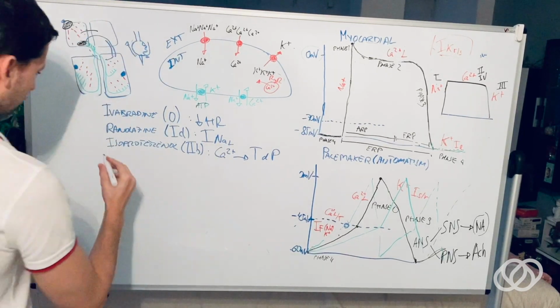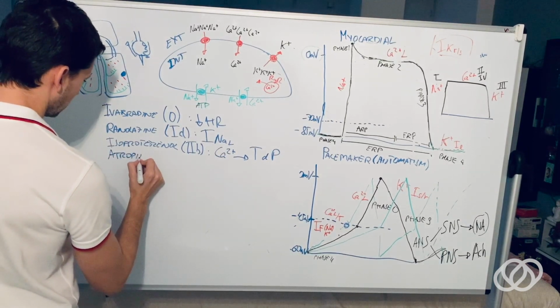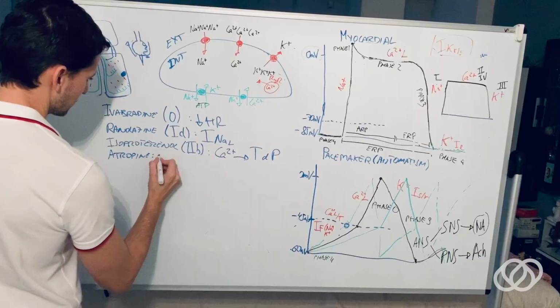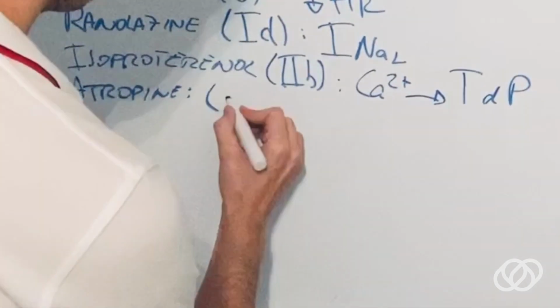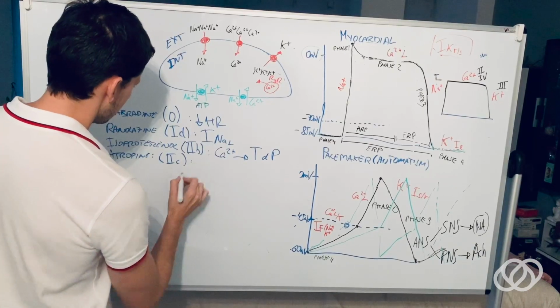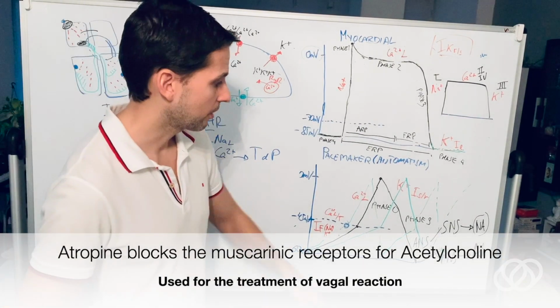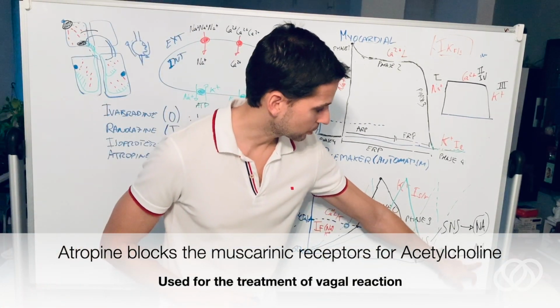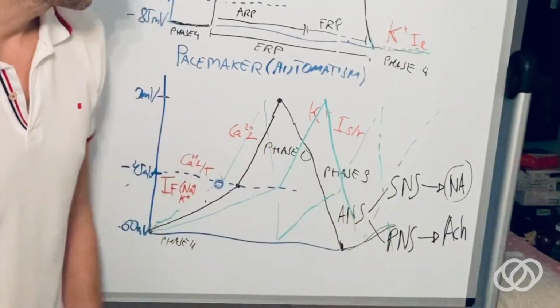Also, we can have another one that is atropine. Atropine could be classified in the 2Z. Mainly what atropine does is block the muscarinic receptors of acetylcholine.